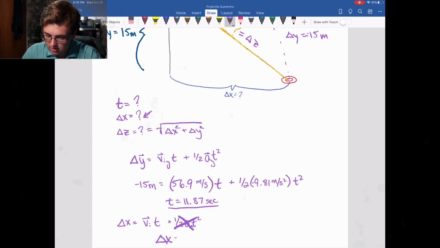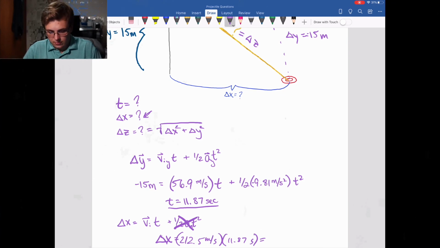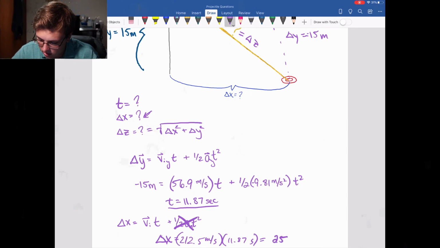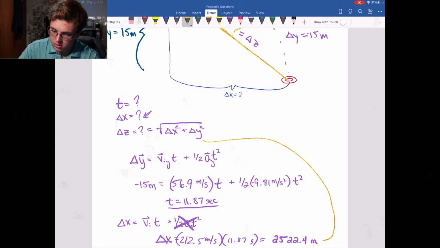So our change in x is going to equal 212.5 meters per second times our time, which is 11.87 seconds. So 212.5 times 11.87. Our change in x is going to be 2,522.4 meters.